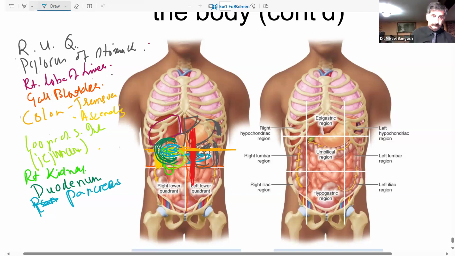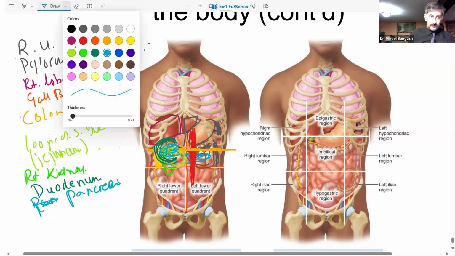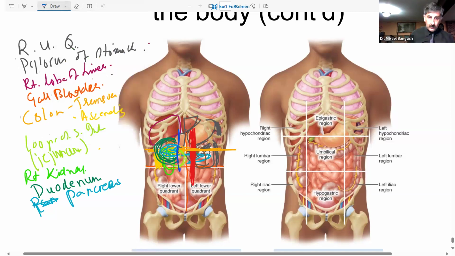Last but not least is a major blood vessel, which we'll call the inferior vena cava.